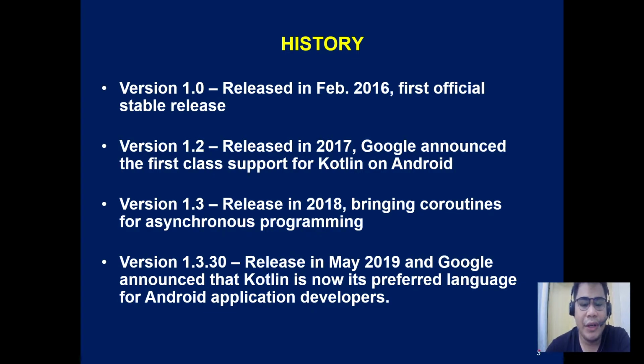In 2018, they brought coroutines with it for asynchronous programming. So what do we mean by coroutines? When we execute an application, it will always take memory on our device.